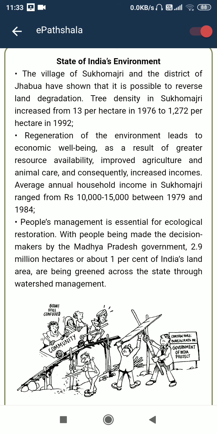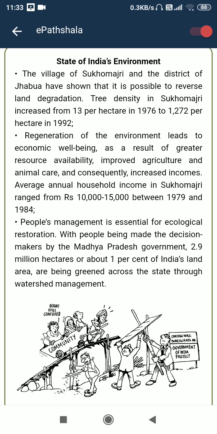Regeneration of the environment leads to economic well-being, as the result of greater resource availability, improved agricultural and animal care, and consequently increased incomes. Average annual household income in Sukhomajri ranged from rupees 10,000 to 15,000 between 1979 and 1984.